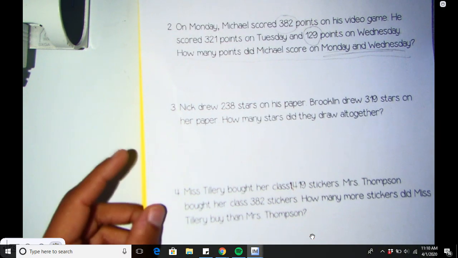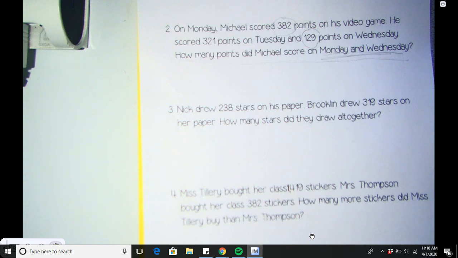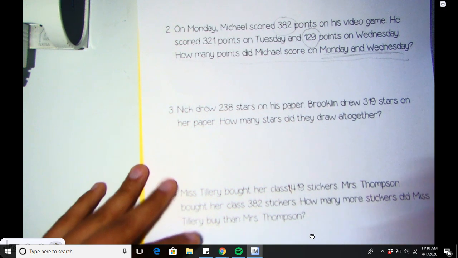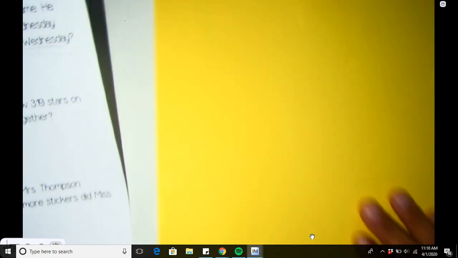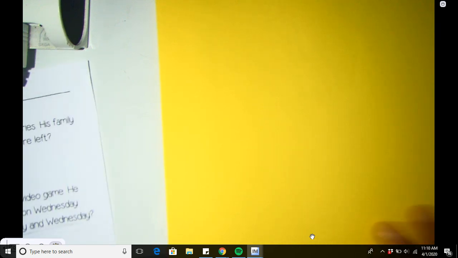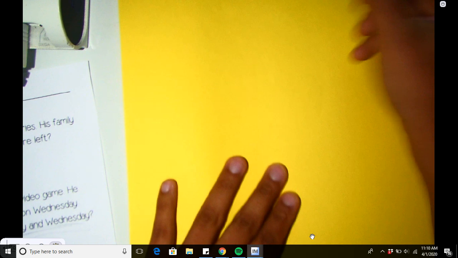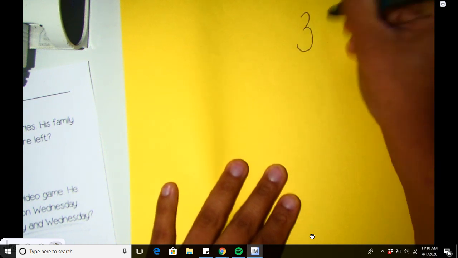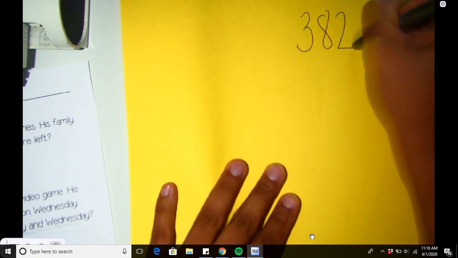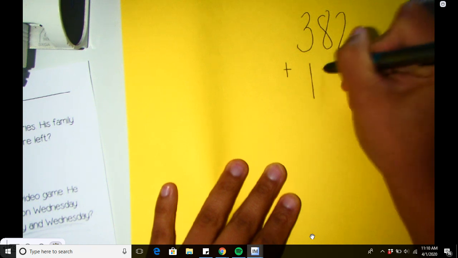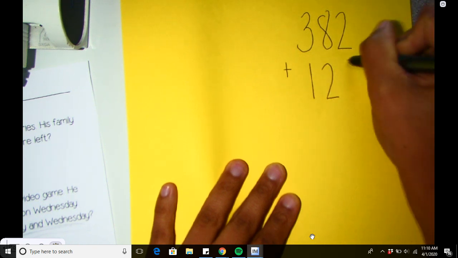So let's go ahead. If I'm wanting to know how much he scored on both, this time I'm combining 382 and 129. So let's go ahead and add those up. 382 plus 129.